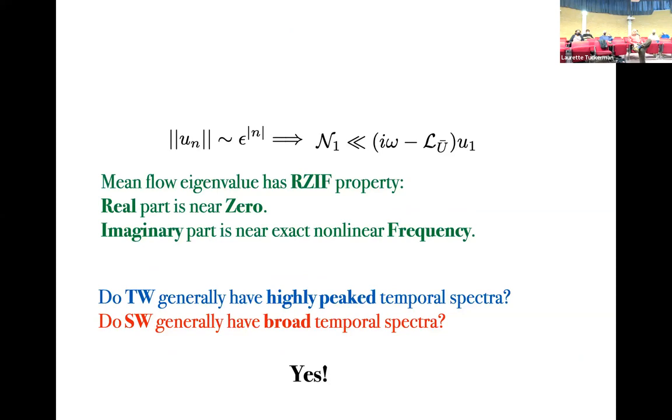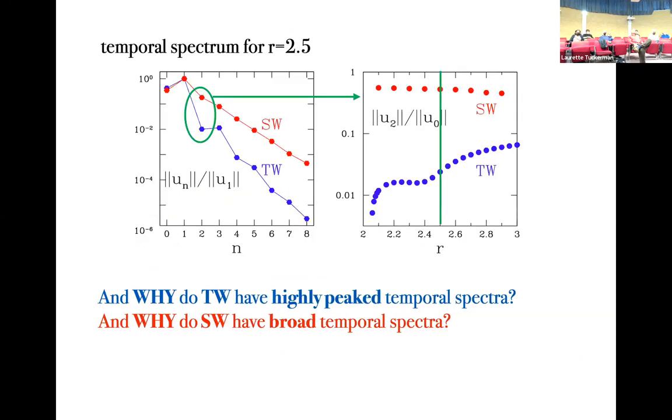Do traveling waves have a highly peaked temporal spectrum and standing waves don't? Well, yes, fortunately. Here we go. This is now the spectrum in N, and you see that the 1 is much bigger than the 2, or rather the 2 is much smaller than the 1, for the traveling waves, and not so much for the standing waves. This is at a particular reduced Rayleigh number.